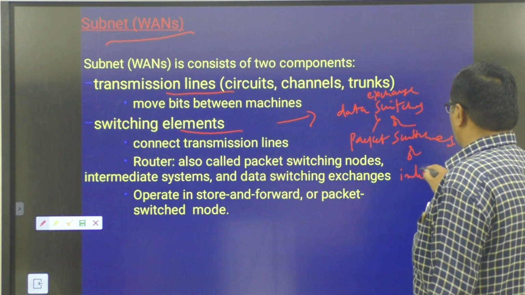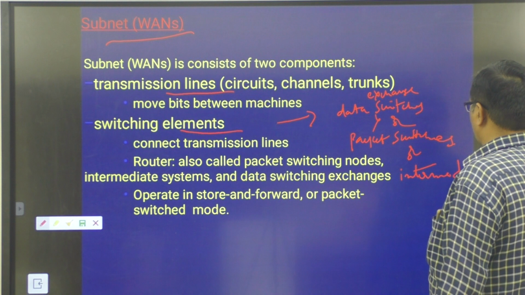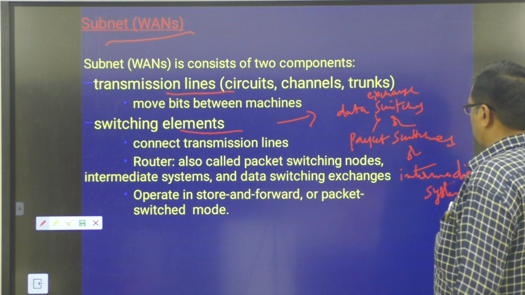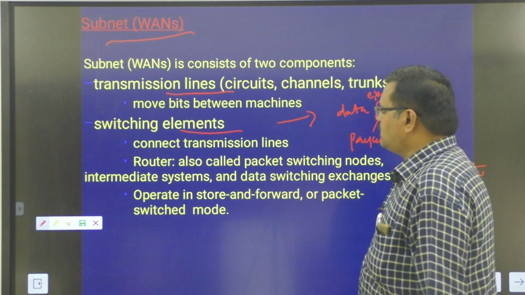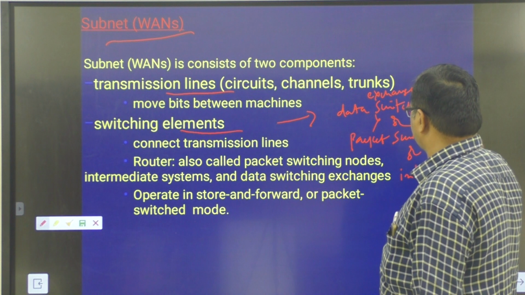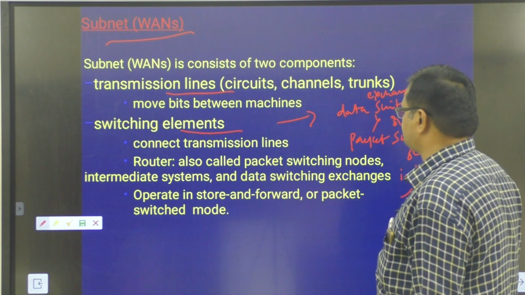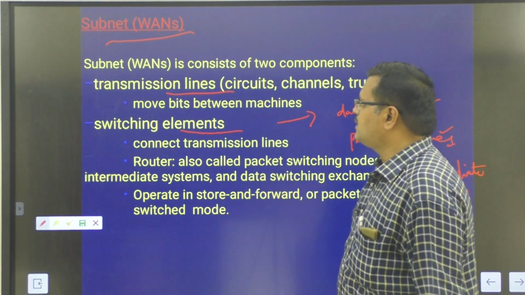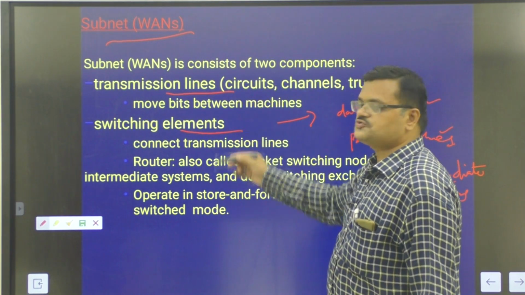What do you call intermediate systems? They are totally three switching elements. Either it will be data exchange switches or packet switches or intermediate systems. So this is nothing but the subnet. A subnet is nothing but a collection of transmission lines and switching elements.